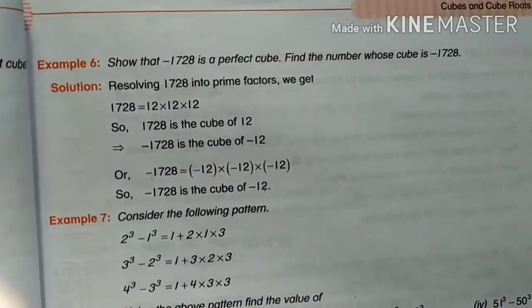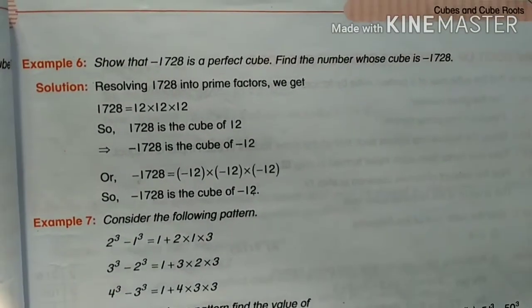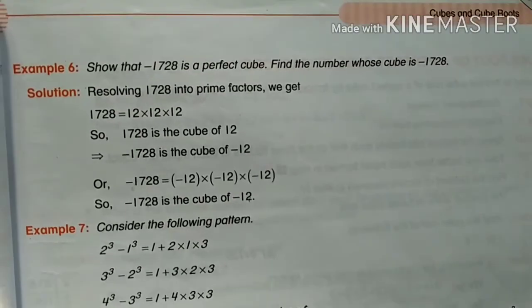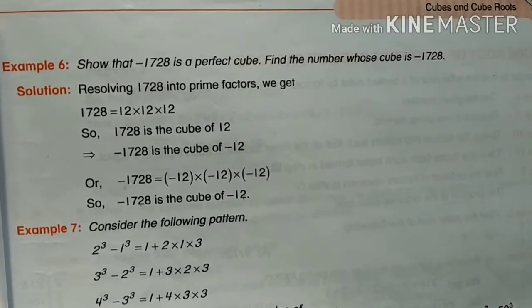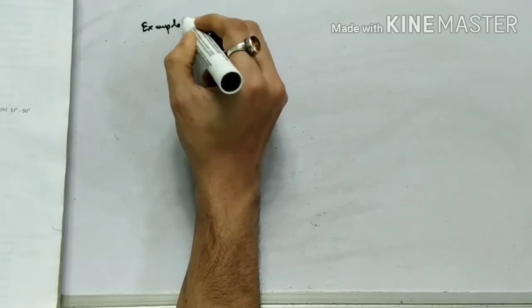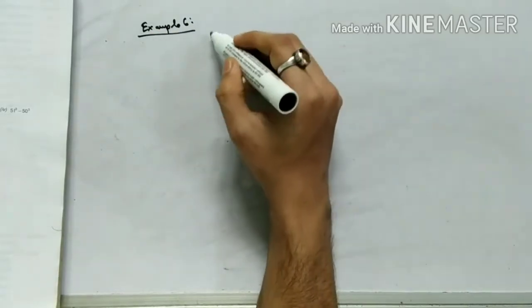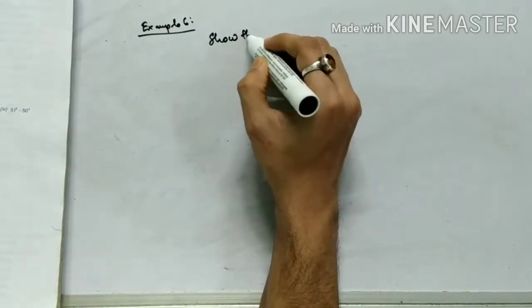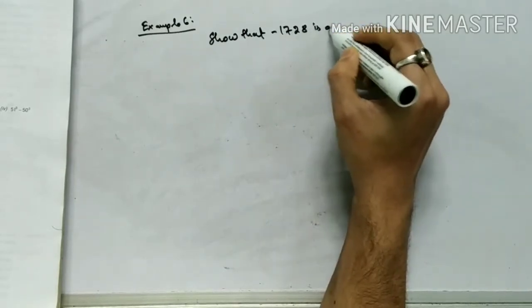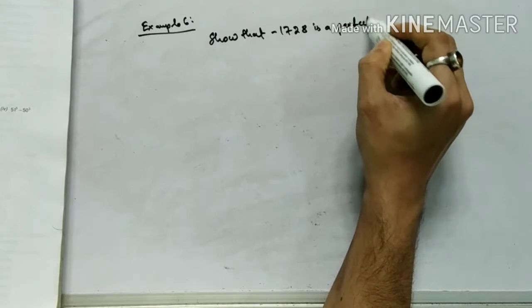Next it is example 6. So that minus 1728 is a perfect cube, find the number whose cube is minus 1728. Example 6, so that minus 1728 is a perfect cube.